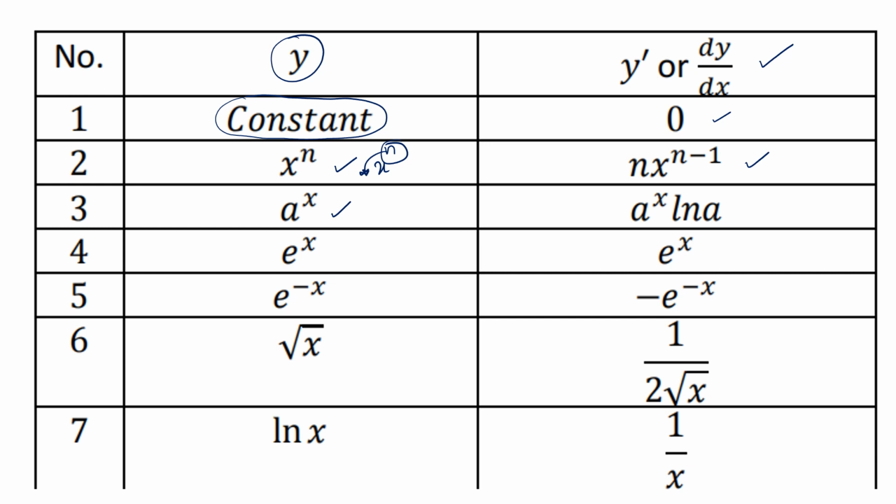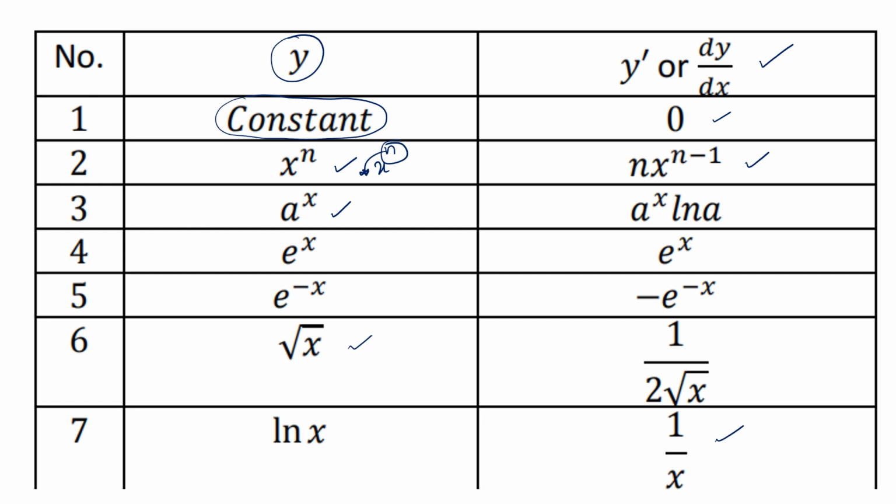This ln means natural logarithm. e power x, derivative e power x itself. e power minus x, derivative minus e power minus x. Root x, derivative 1 by 2 root x. Then natural logarithm, log x, derivative 1 by x. So everything you have to remember.